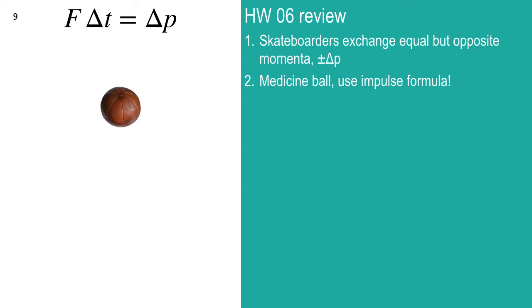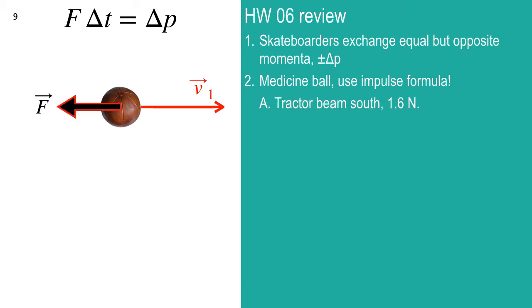All right, so we got to have some specs here. The first thing is that the tractor beam is south. In this case, Connor, to the left is south. So that's going to be negative, 1.6 newtons in this example. And I think this is one of the factors that changes each time you do the medicine ball problem. And then the initial speed of the medicine ball is the opposite direction, to the north.